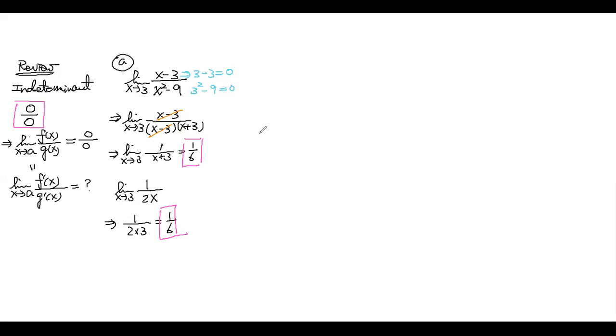Okay, now let's take a look at the second problem here, which is part B of the problem. This is the limit as x approaches 4 of x minus 4 over x squared minus 2x minus 8.